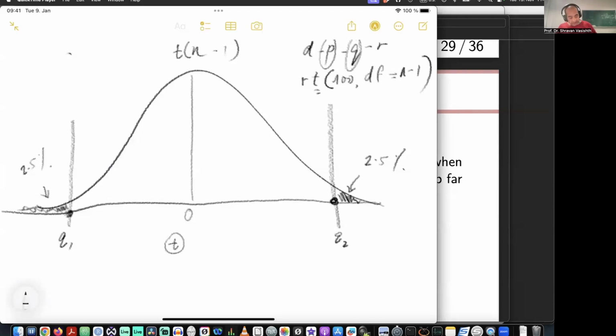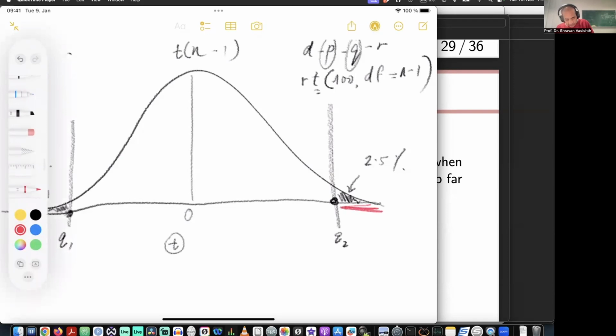If our observed t-value lands anywhere in this region, or in this region, to the left or right of these cutoff rejection points, then we are going to say that the t-value is far away enough, and we will reject the null hypothesis.